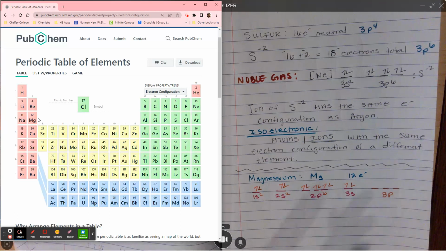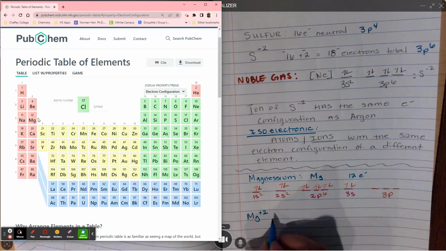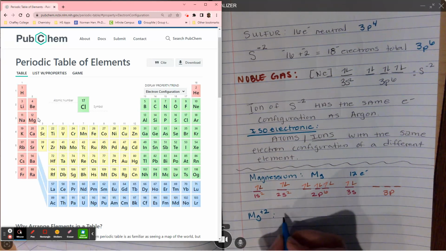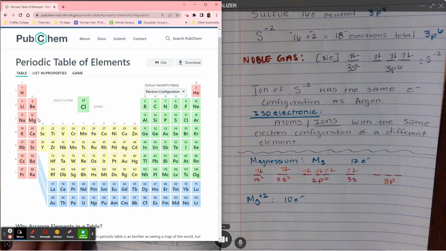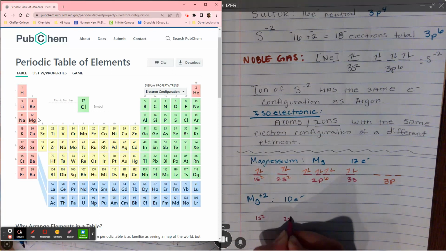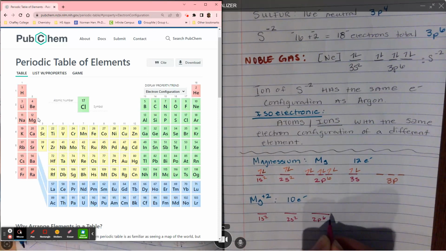So we can look at this and go, well, how does it bond? Well, things move around. The other thing is with our +2 ion, that means we're going to lose 2 electrons, so you're going to end up with 10 electrons total. This is going to look like 1s2, 2s2, 2p6: 1, 2, 3, 4, 5, 6, 7, 8, 9, 10 electrons total.